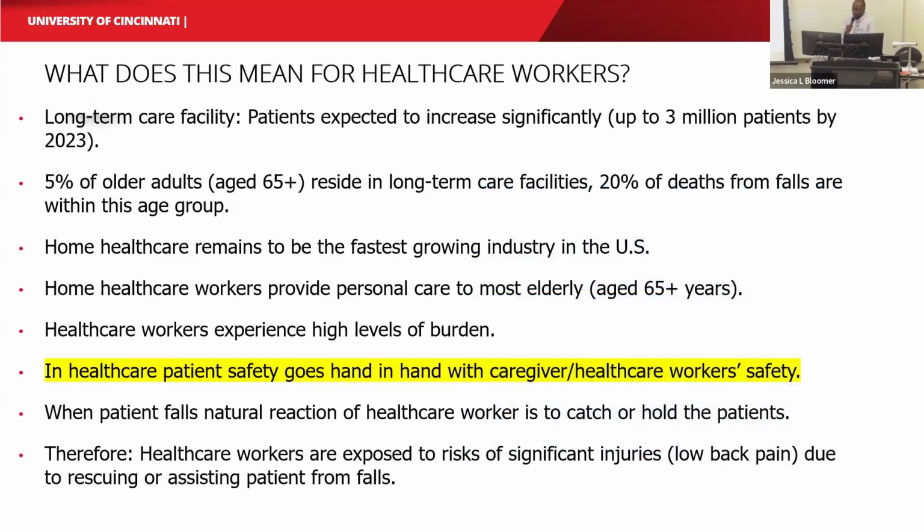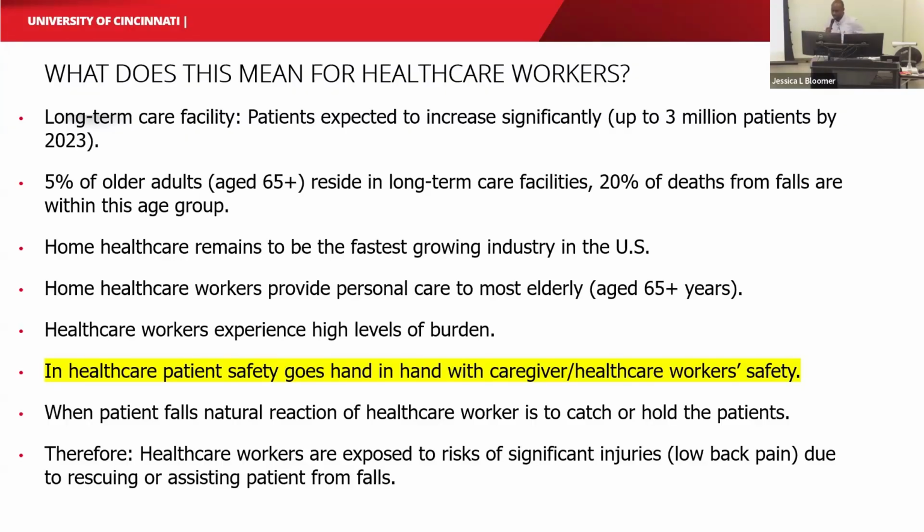Now, what does all this information mean? In the first instance, we believe that healthcare patient safety goes hand in hand with healthcare workers' safety. If we are able to control this burden of falls, the effect of falls, because the natural reaction of a healthcare worker when a patient falls is to quickly assist them.